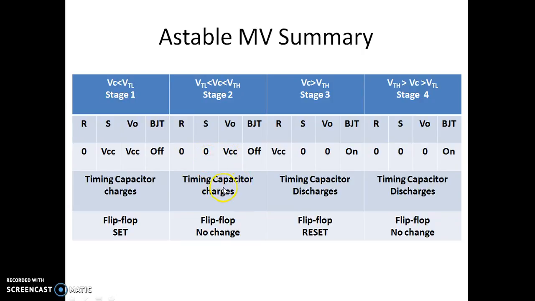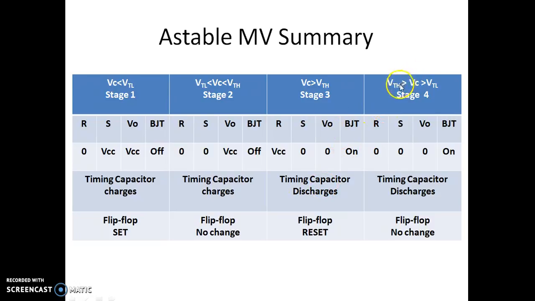So the capacitor keeps charging towards VCC. Once it goes above VTH, the reset becomes 1. Once the reset becomes 1, the output is 0. The BJT turns on, and the capacitor starts discharging, of course, towards 0.